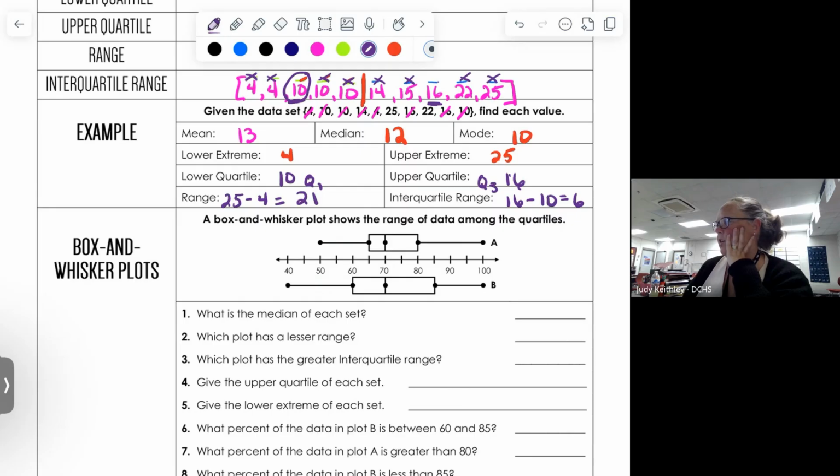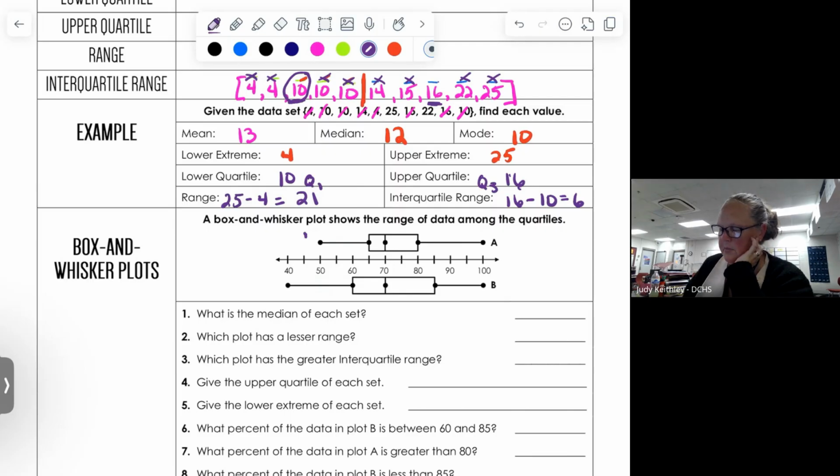So let's start looking at a box and whisker set, and let's start labeling the pieces there. On this top box and whiskers, this smallest number is what? It is my lower extreme. I'm going to put LE for lower extreme. Actually, I'm going to put min.